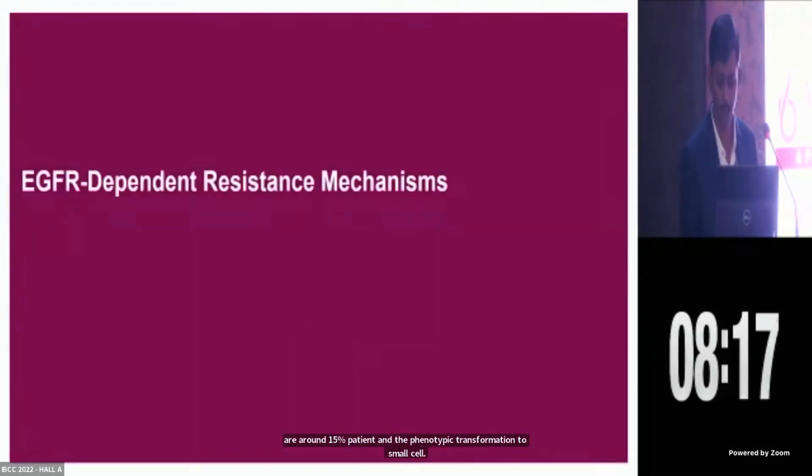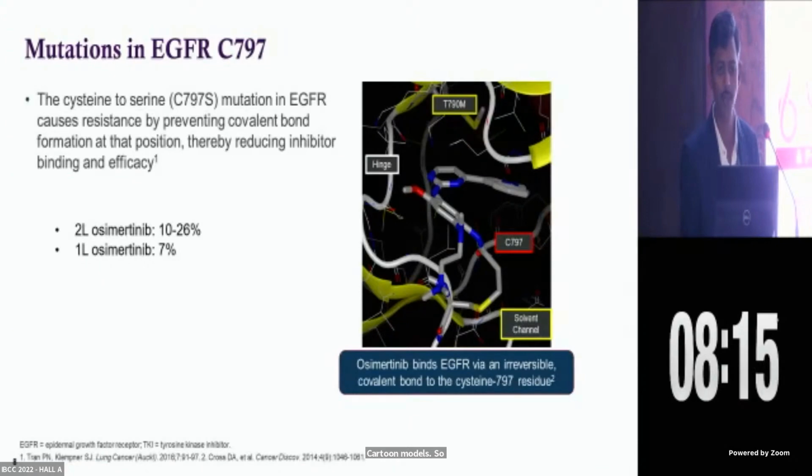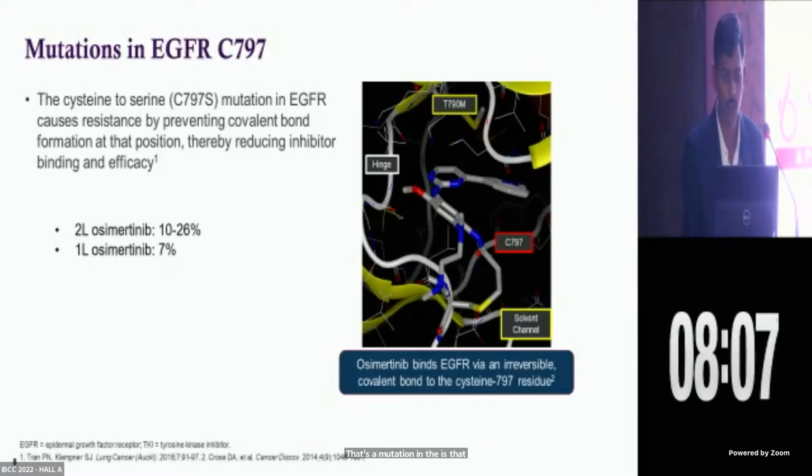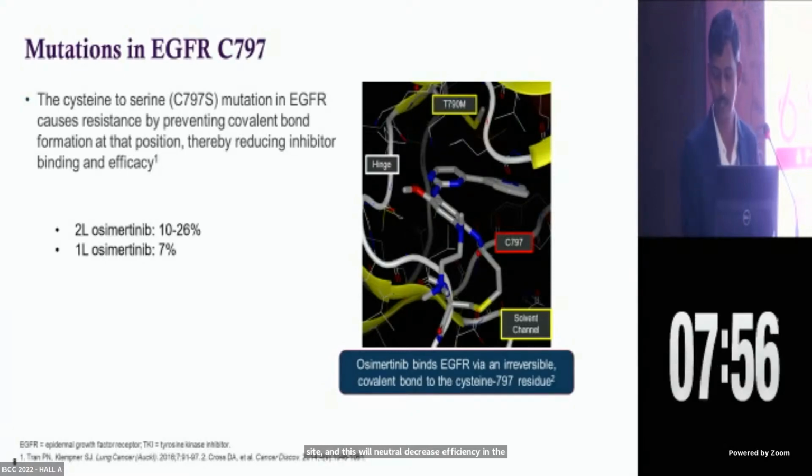The EGFR-dependent mechanism is a mutation in C797, where the cysteine changes to serine at the 797 position. This reduces the binding of osimertinib to the site and leads to decreased efficacy. In the first-line setting, resistance is observed in around 7% in the FLAURA trial, and in the second line, in AURA3, the mutation is found in 10 to 26%.